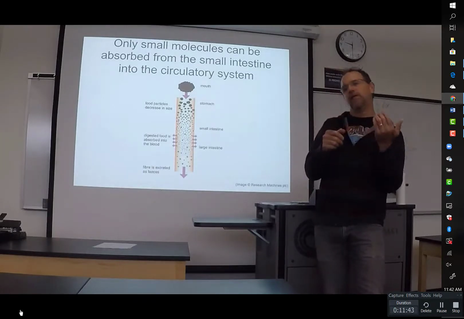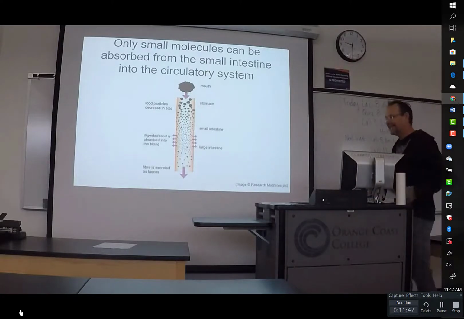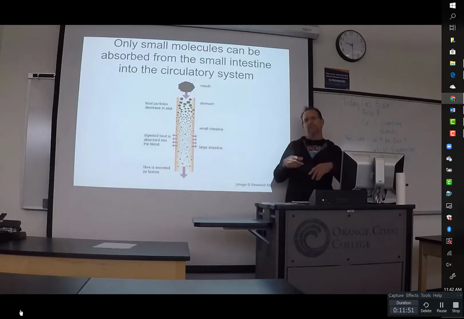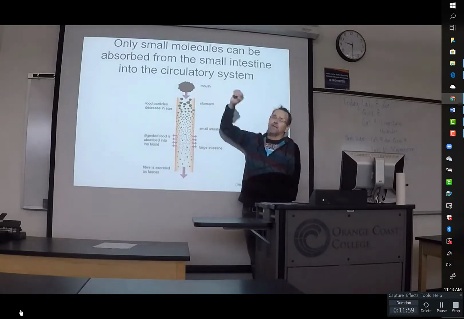So if you think back from a few weeks ago when we were doing the lab on cell size, and we had the agar cubes, the smaller the size, the higher the surface area to volume ratio, the more efficient digestion will be.